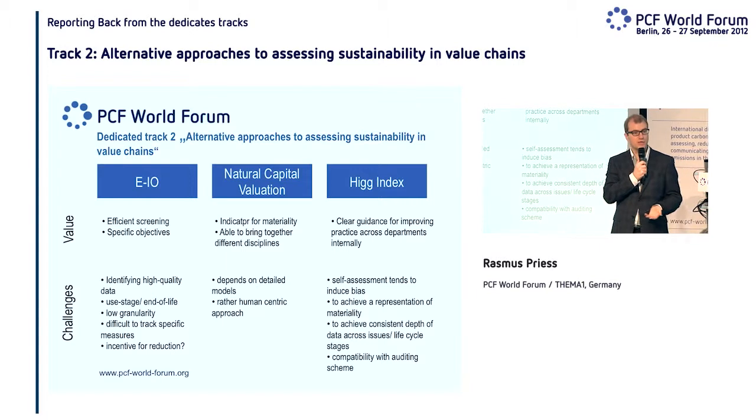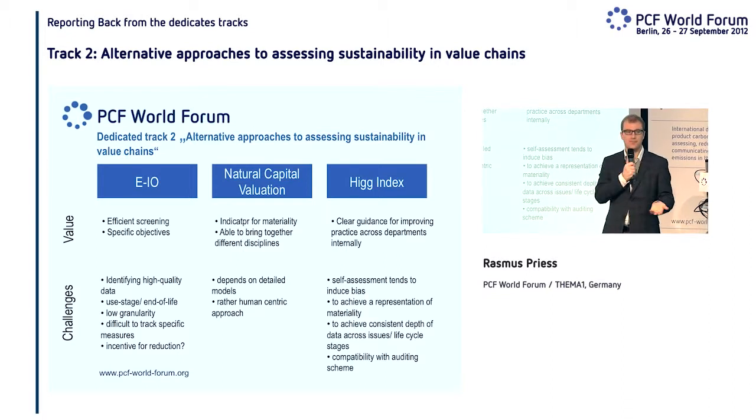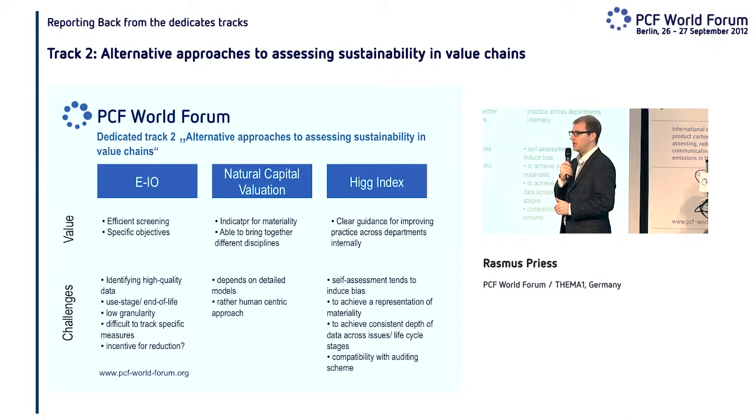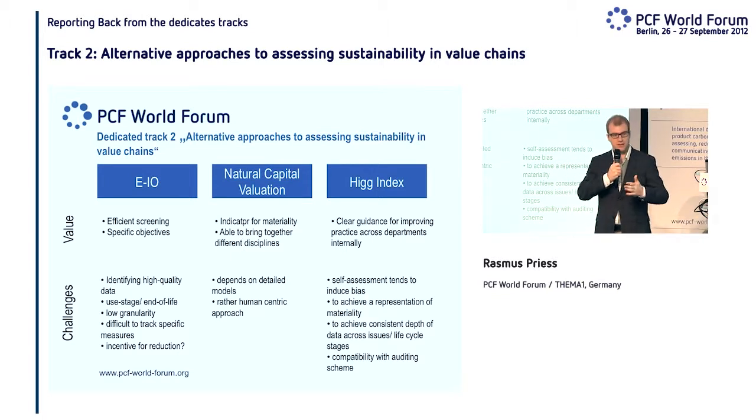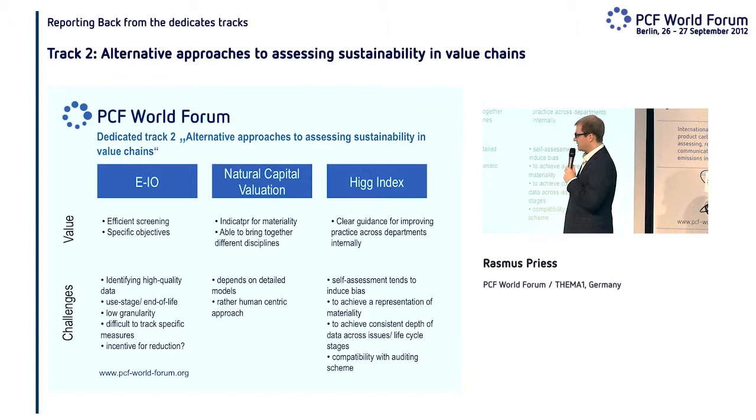You have to be aware of the granularity of the approach, and also that you really work a lot with secondary data, not specific data from your supply chain. So some of the challenges mentioned were it's difficult to track measures, to actually implement measures, to really use it to drive change in a particular value chain. But as a first step to understanding, okay, where should I put my focus, and do that in a very efficient manner, that may really provide an interesting approach.